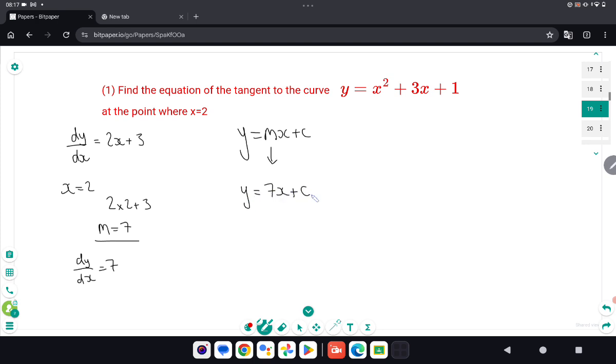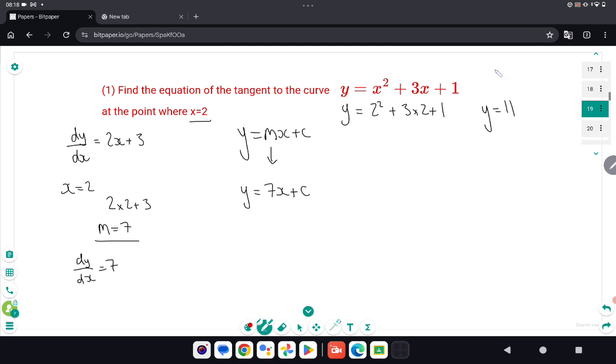Do we have a coordinate point on that line? Well, we don't, but we know x is 2. If I put x is 2 into this formula here, we will get the y coordinate, which is 11.